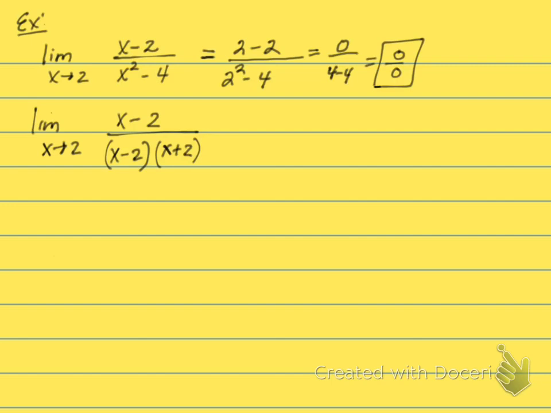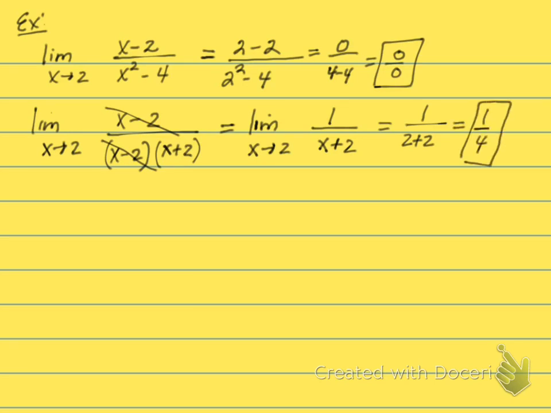So we would factor that as x minus 2 times x plus 2. And we saw that x minus 2 could be canceled with the bottom. So our result would be the limit as x approaches 2 of 1 over x plus 2. And then we use direct substitution again. So we got 1 over 2 plus 2, which is 1/4.